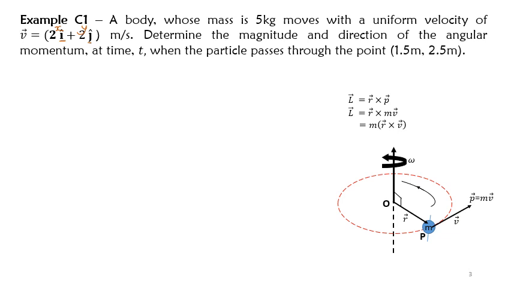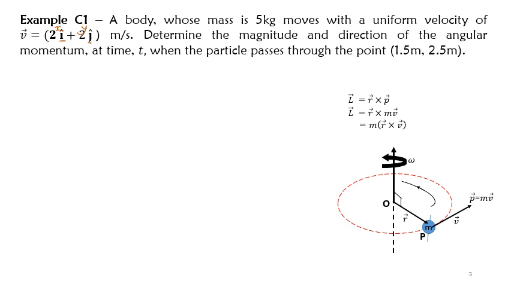And the value of v, velocity, is 2i in this direction plus 2j, j in this direction, beta squared. Now, determine the magnitude and direction of the angular momentum at time t when the particle passes through the point.